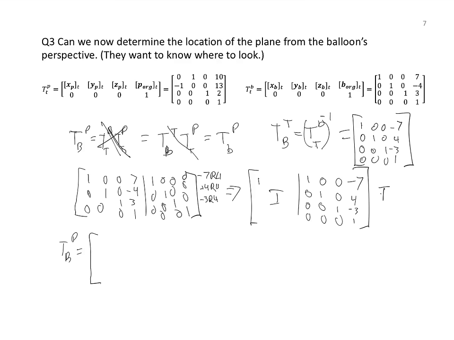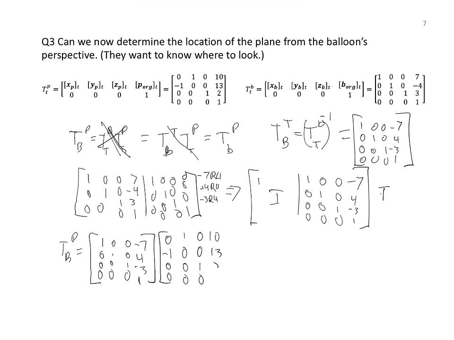So what do we need? We need the tower to balloon, and 0, 0, 1, 0, minus 7, 4, minus 3, 1. Okay, and we'll multiply that by the plane to the tower, which was 0, minus 1, 0, 0, 1, 0, 0, 0, 0, 0, 1, 0, and 10, 13, 2, and 1.